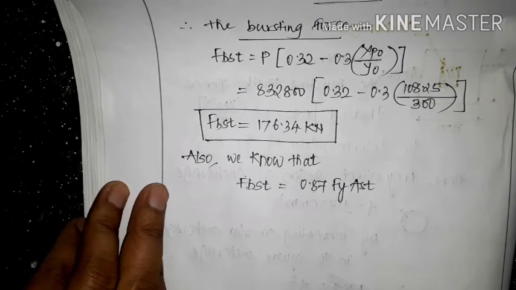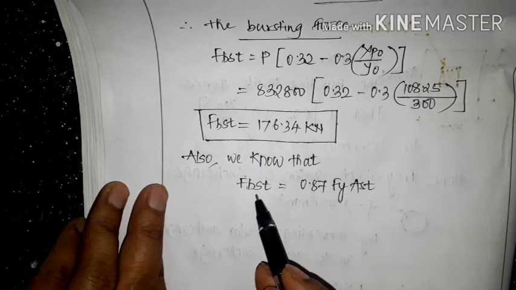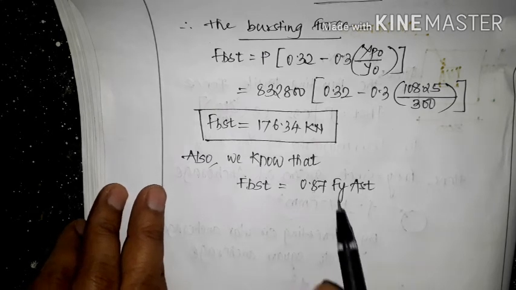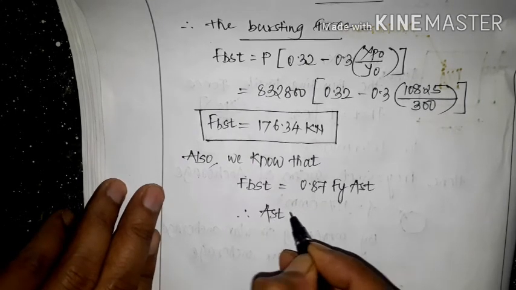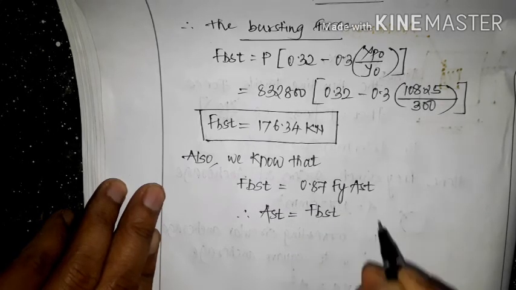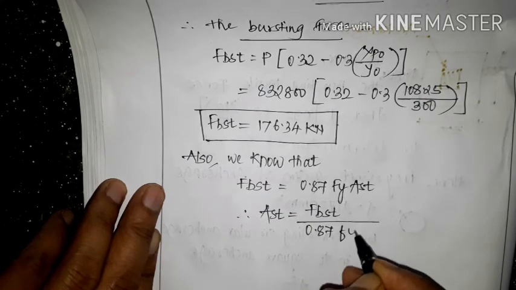Understood? Like in RCC we did Tu is equal to 0.87 Fy into AST. Tu is nothing but the bursting force here which will develop tension. So FBST is equal to 0.87 Fy AST. Therefore, from this we can easily get AST equal to FBST divided by 0.87 Fy.